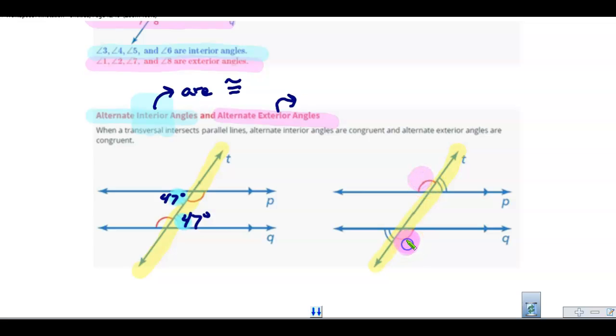They are on alternate sides of that transversal, but they are both exterior angles. Important thing about alternate exterior angles is, hopefully you've guessed it, they are also congruent to each other. We've got lots of congruencies going on when we have transversals and parallel lines.